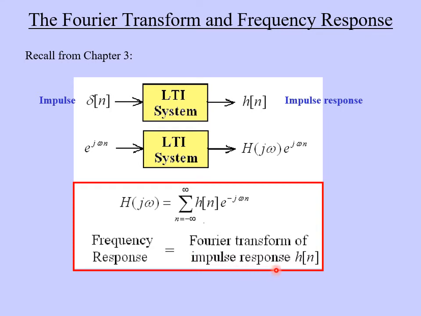This is why we use the lowercase h for h of n for the impulse response, and we use uppercase H for the frequency response, because remember our rule is whatever letter we use for our sequence in the time domain, in this case h, we make it an uppercase letter in the frequency domain. So this is the important relationship between frequency response and impulse response. They are related by the Fourier transform.